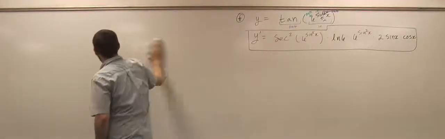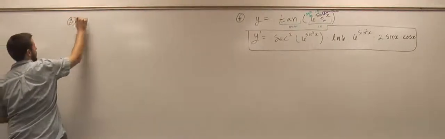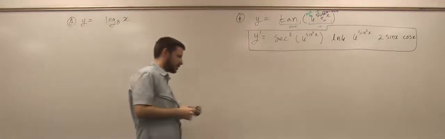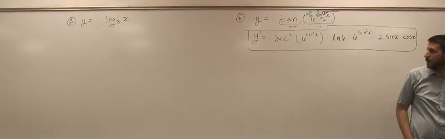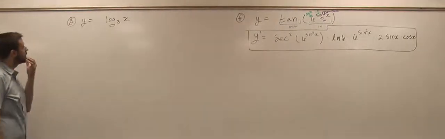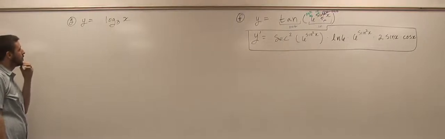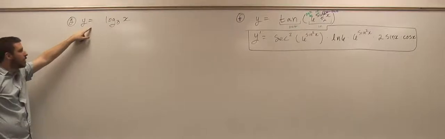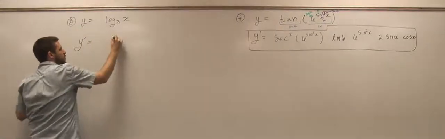So what about derivatives of logs with other bases? For example, if I give you the function y equals log base 3 of x, do you remember how this derivative works? It's like the derivative of natural log, which is 1 over x.